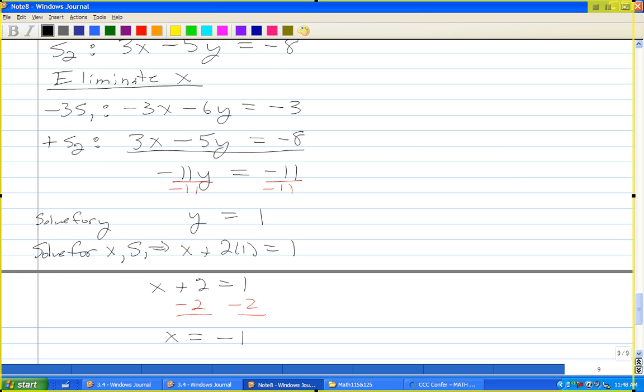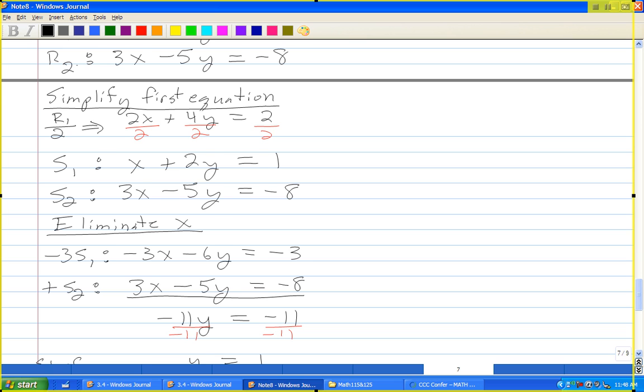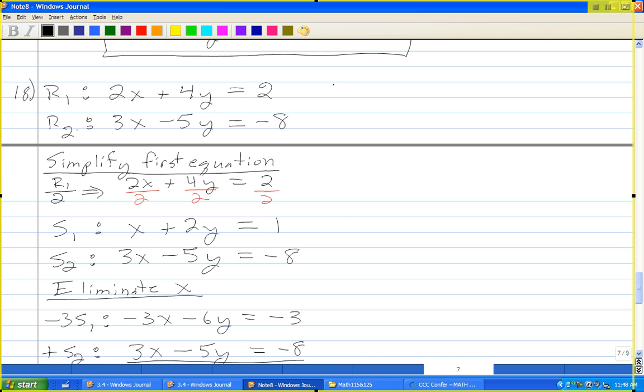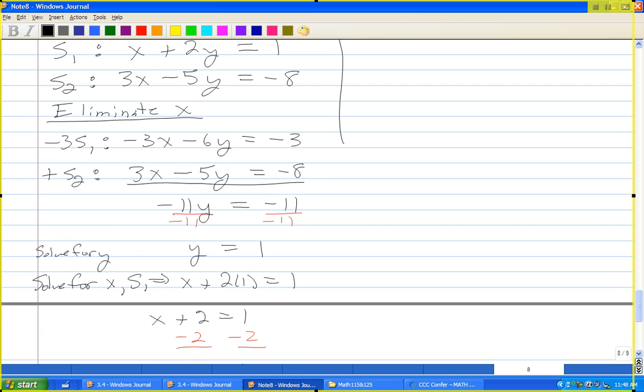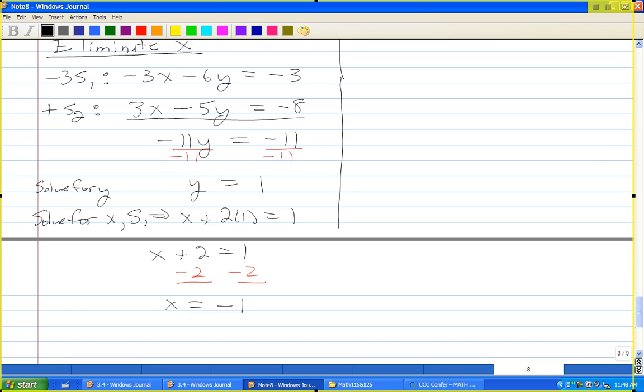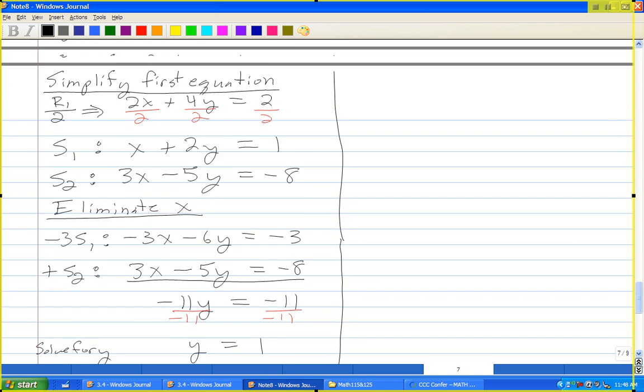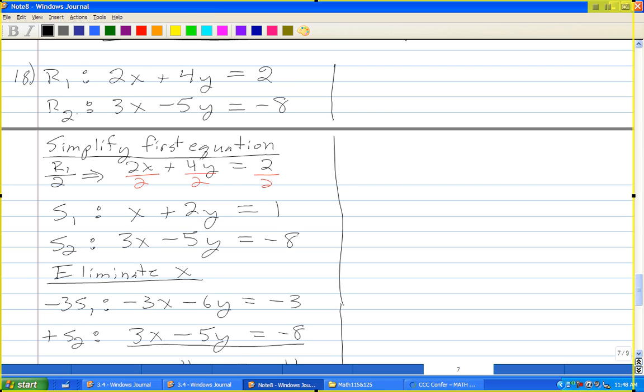Okay. So now that's why I sort of separate this out. So this was the old way. So now what I'll do is I'll do it the new way, using what's called this augmented matrix.